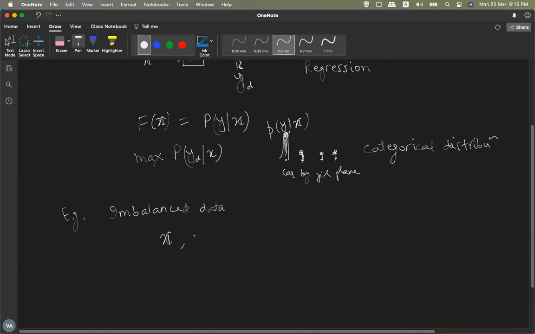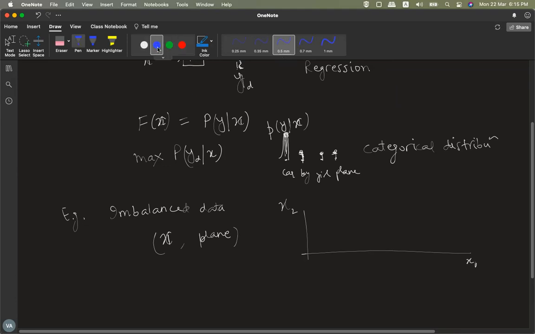Let's say the class is plane. For the aeroplane class, there are very few samples available. Let's say my X space is something like this, X2, X1. It could be multidimensional, so there would be X3, X4 also.